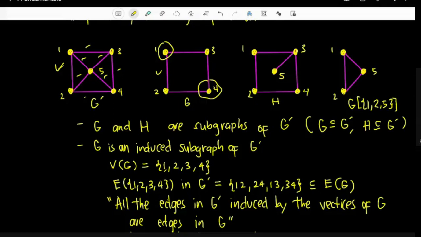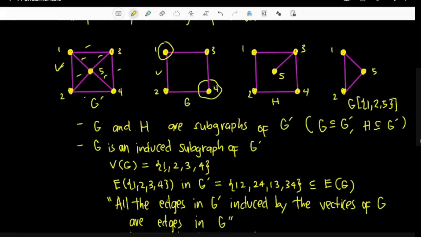So, lahat ng vertices sa V, sa maliit na graph, na nagfo-form ng edge sa mas malaking graph, dapat nagfo-form din ng edge sa mas maliit na graph. So, ang mga edge lang naman dito sa malaking graph na nafo-form ng mga vertices ng maliit na graph ay 1, 4, 2, 4, 3, 4, and 1, 3, which are precisely the graph G.